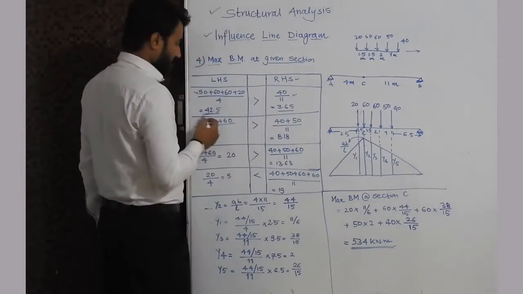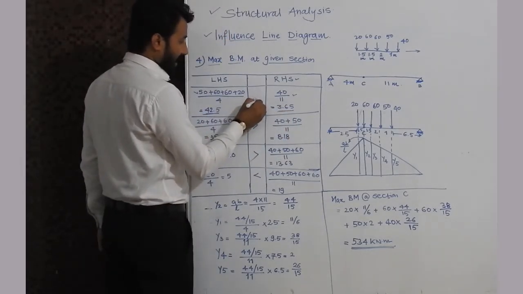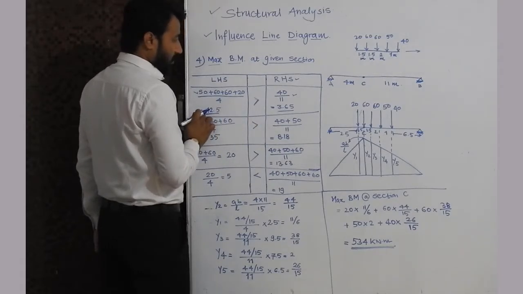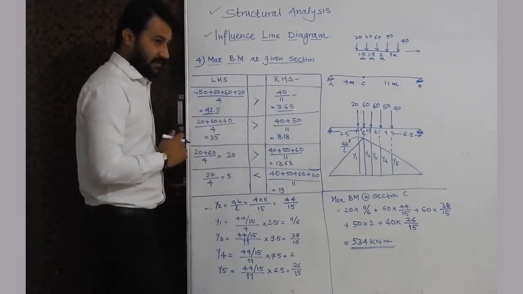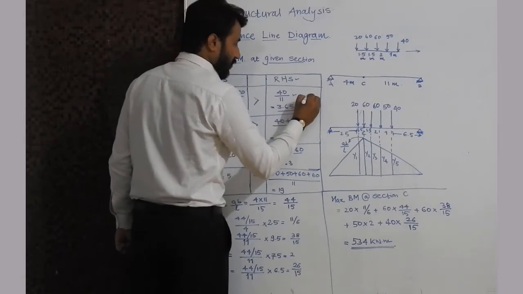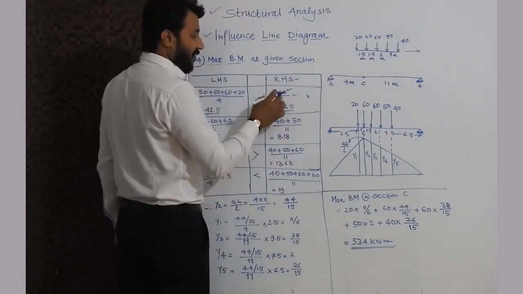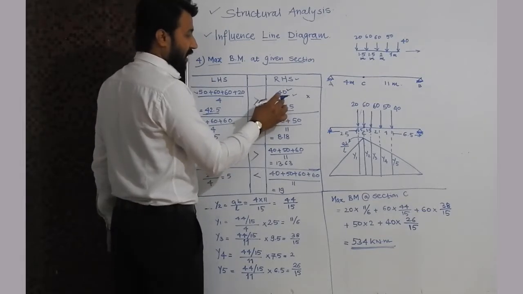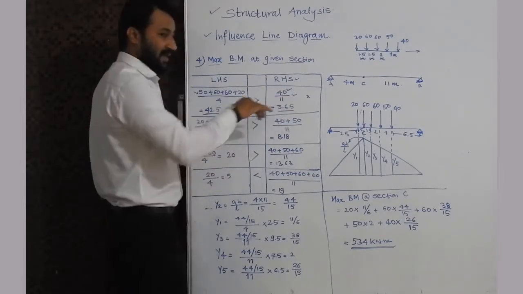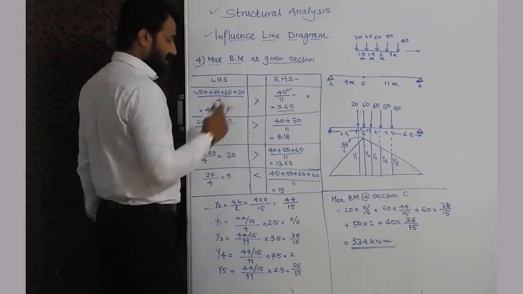If you compare these values, you will find the LHS side is larger than the RHS side. So the bending moment due to this 40 kN load is not the maximum bending moment, and we will skip this.